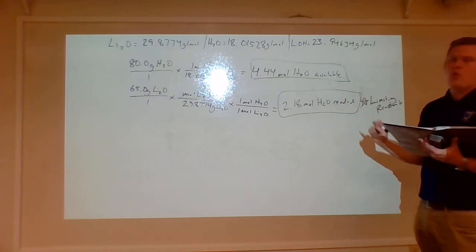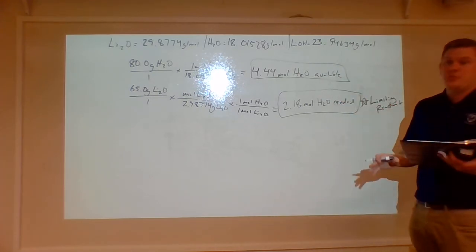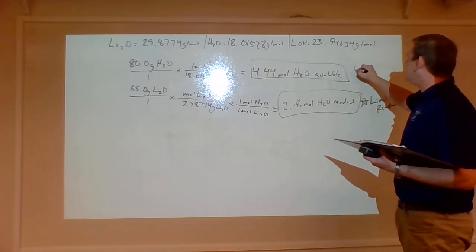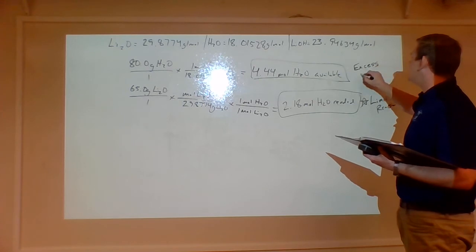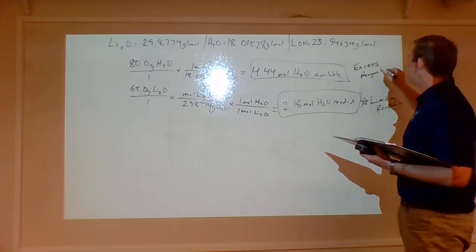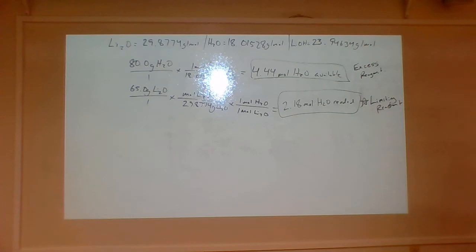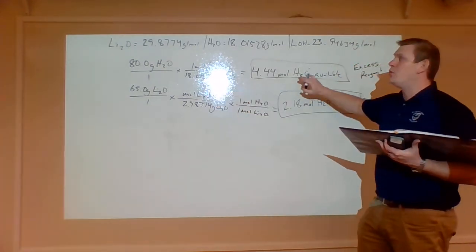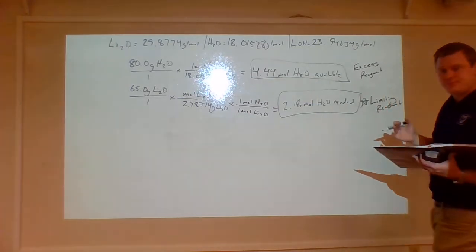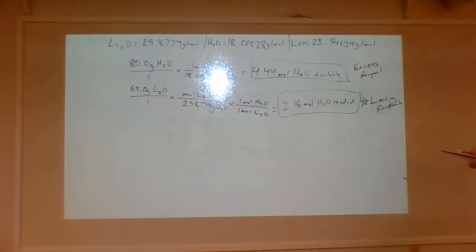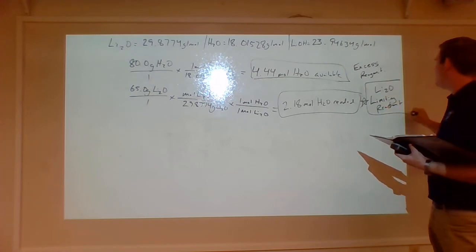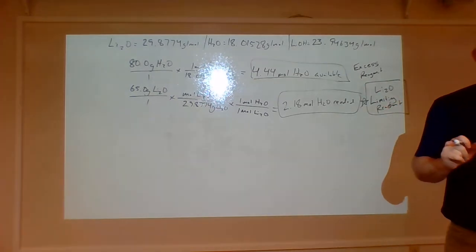And since the water has the possibility to produce more product than the lithium oxide can allow, that means it is our excess reagent. Okay? We'll run out of lithium oxide before we run out of water, is what this means. So Li2O is the limiting reactant. That's the first answer of the problem that you need.